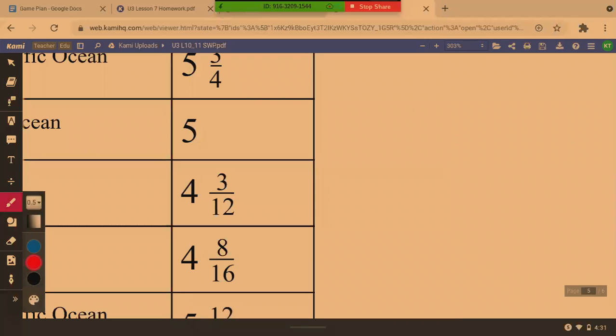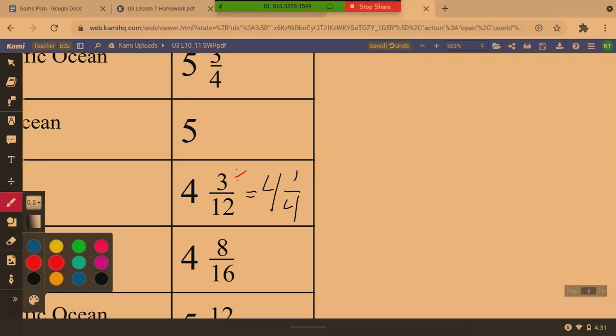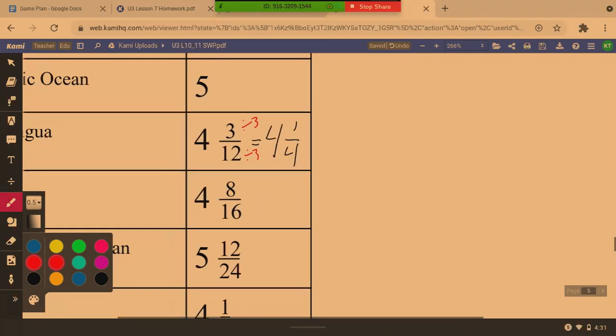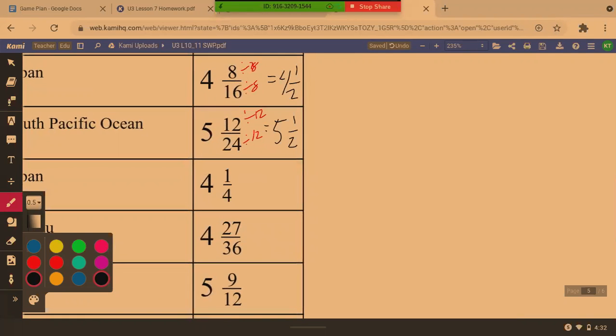I can simplify this one. So let's simplify it to 4 1/4 because I'm going to divide the top and bottom by 3. And I can do the same to this one by 8, and I get 4 1/2. Okay, let's go to 12. So we're just going to go through and make sure all these mixed numbers are simplified.